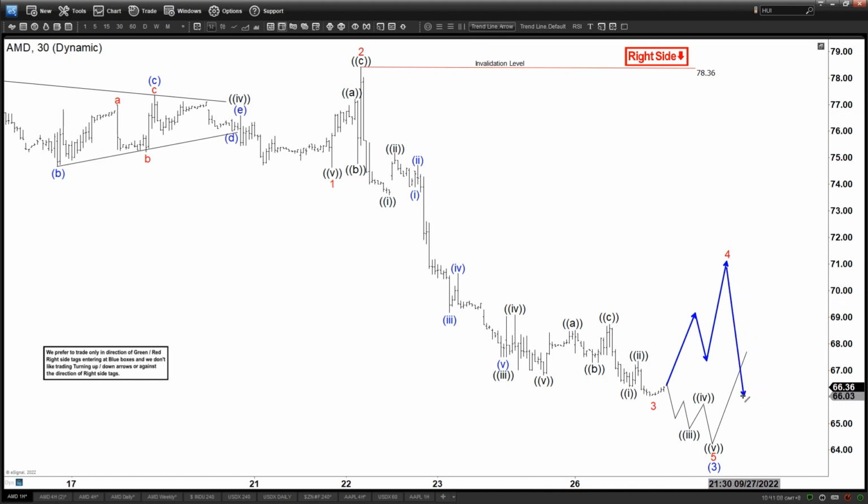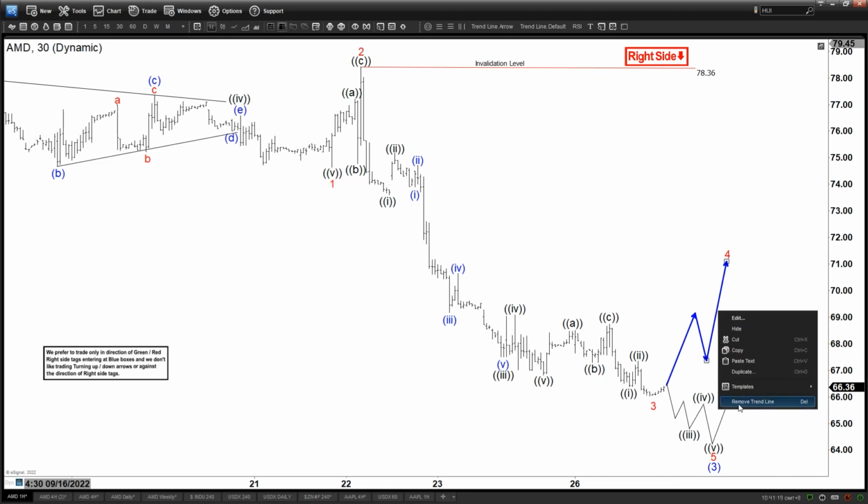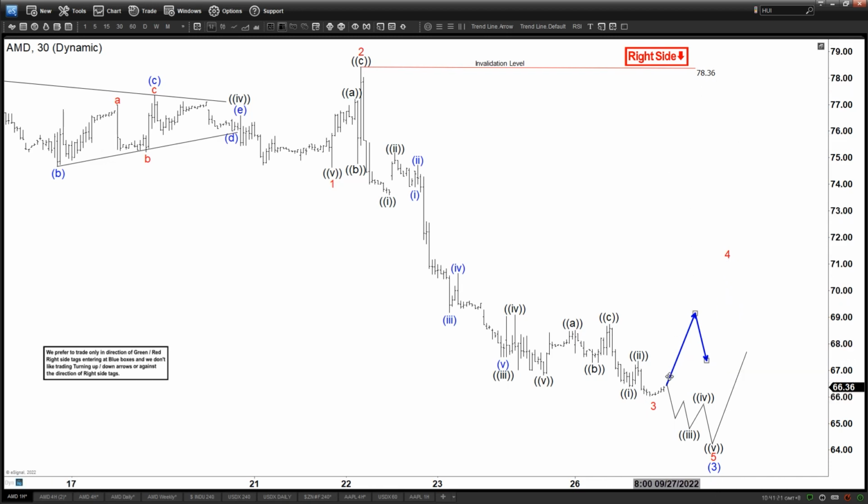Now we can try our best to figure out the exact thing, but in reality you don't know the exact thing, right? You know it has more downside, and if there is any rally, it should fail in 3 swings, like in this case in 3 swings or in 7 swings, as long as this pivot is holding.